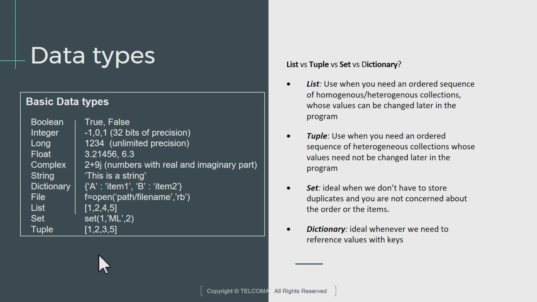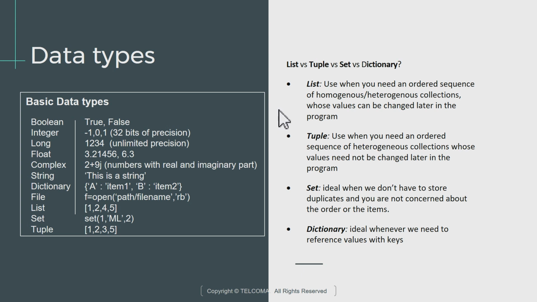So in this basic set of data types, it's fairly straightforward to understand the differences between Boolean, integer, long, float, and probably even string. But let's take a better shot at understanding dictionary, list, set, and tuple.